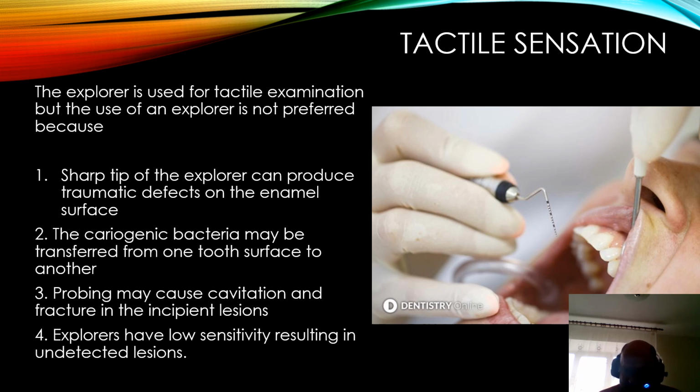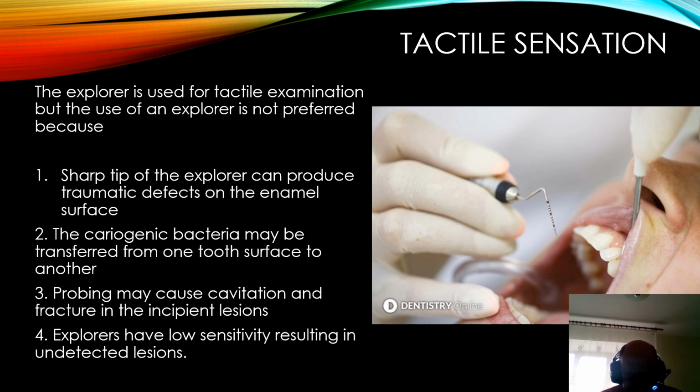Next way, tactile sensation. The explorer is used for tactile examination, but the use of an explorer is not preferred because the sharp tip of the dental probe can produce traumatic defects on the enamel surface.